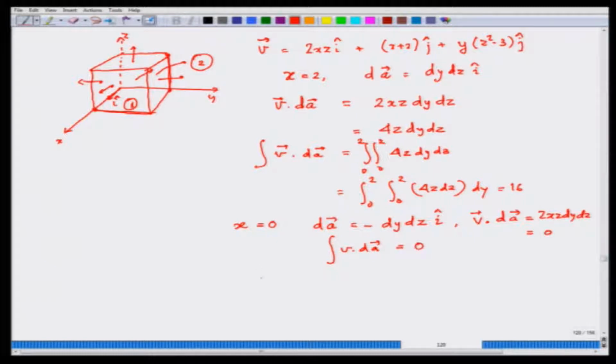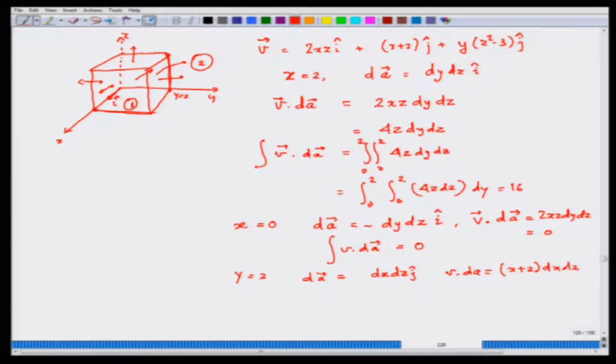Similarly, you go on doing the other cases. Take the case y equal to 2. Then you have y equal to 2 and dA vector is dx dz along the j vector, and v dot dA would be x plus 2 dx dz.